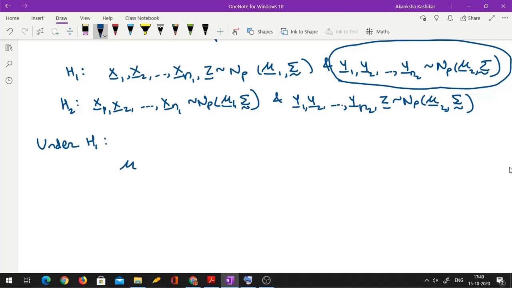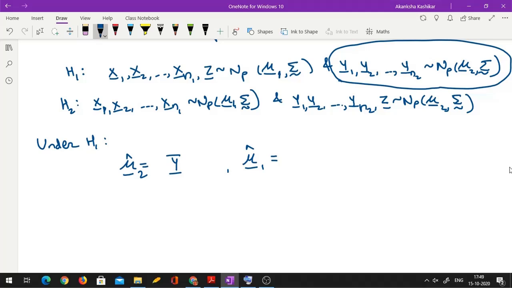So I can say mu2 hat is simply y bar. It won't get affected. What we are worried about is mu1 hat. Mu1 hat is definitely going to get affected, because now I am saying that z also comes from the first population, so z would have some contribution in mu1 hat.